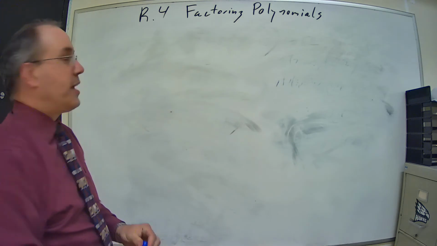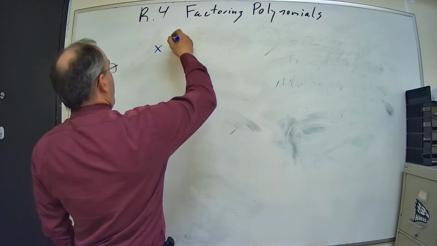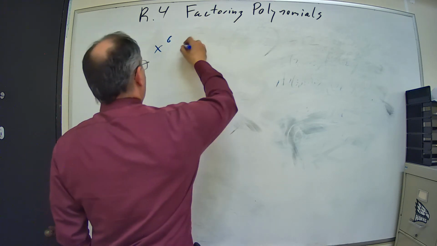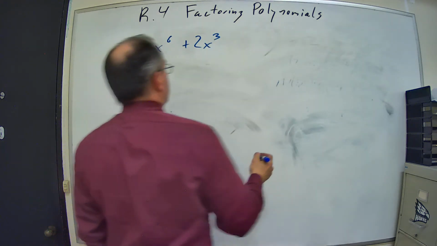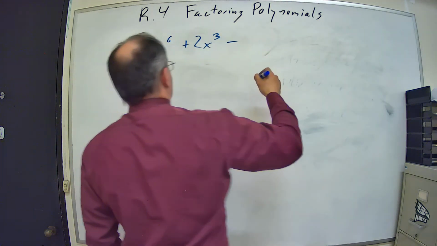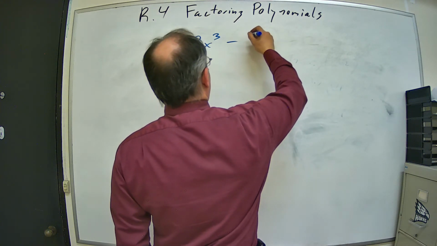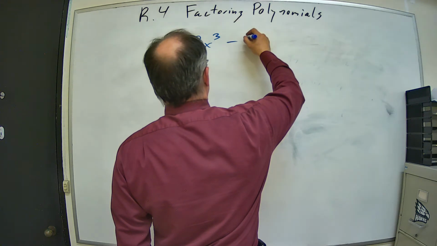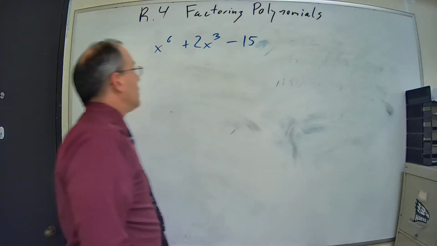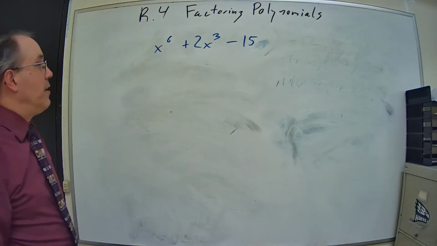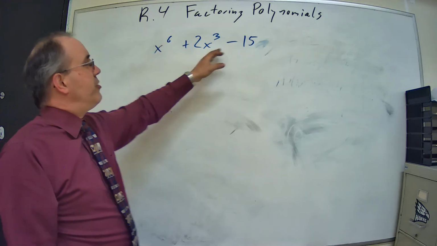Can even be something as simple as x to the 6th plus 2x cubed minus 15. And you look at that and go, well, whoa, we got x to the 6th, x cubed.